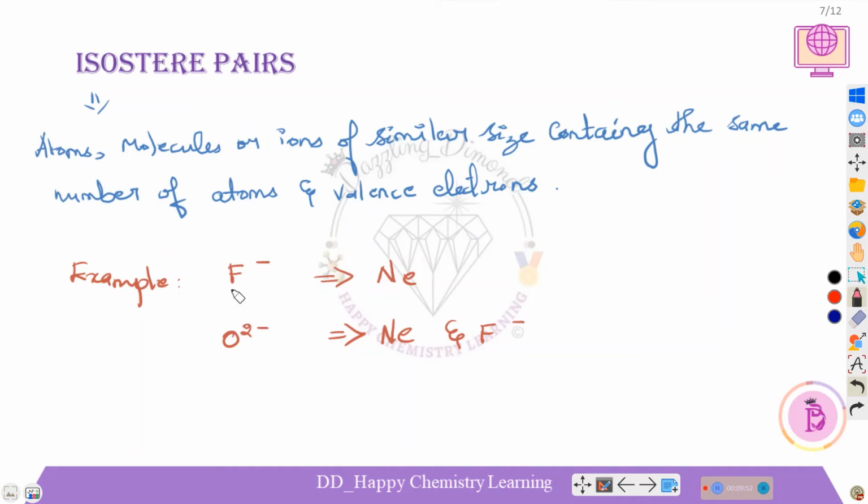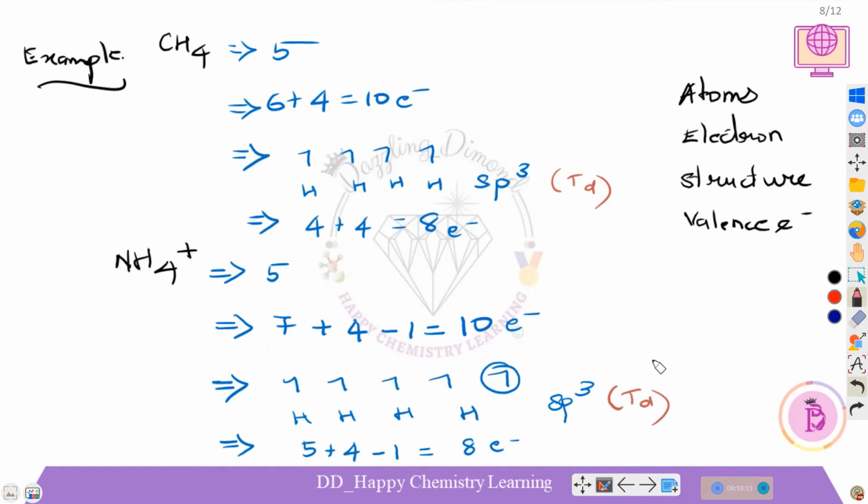For example, you can take F minus and O2 minus, they will be isostere with neon. And like that, O2 minus also will be isostere with neon and fluorine. So we will be discussing it elaborately in the next example.